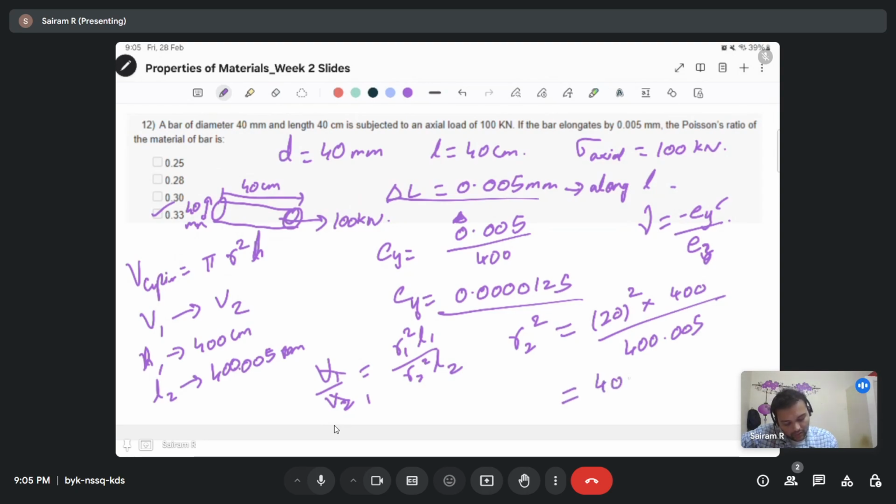Just 400 into 400 divided by 400 into 0.005, and R2 is the root of all these things. 400 into 400 is basically 20 root 2.